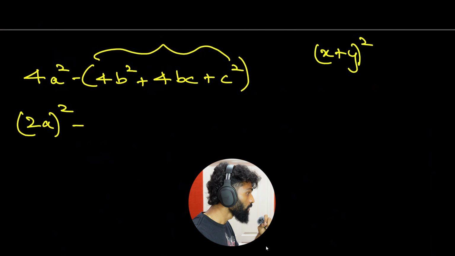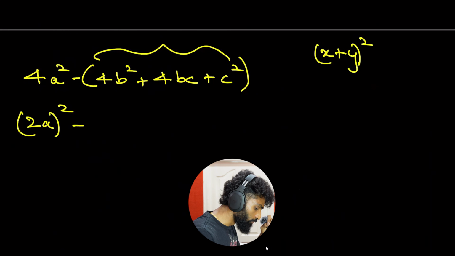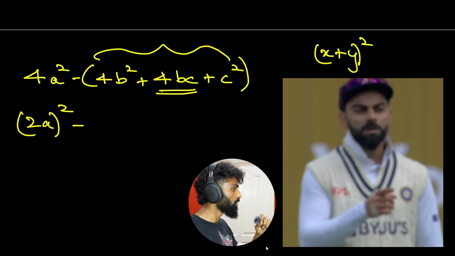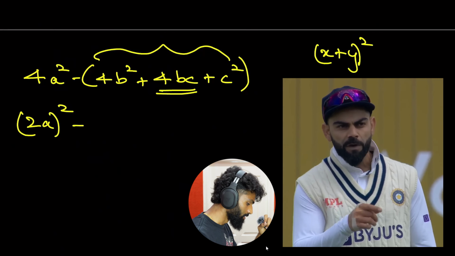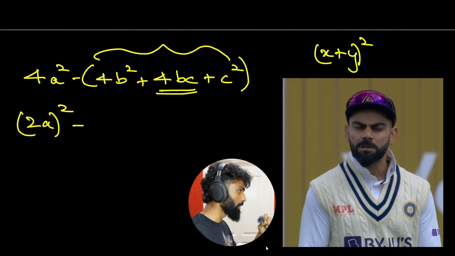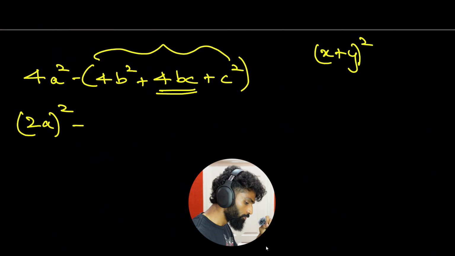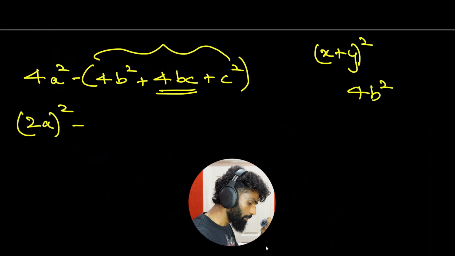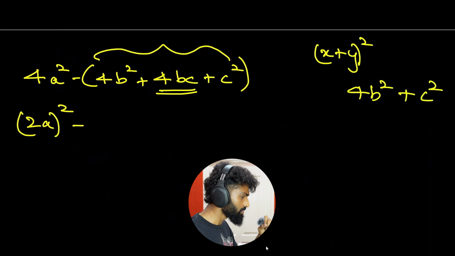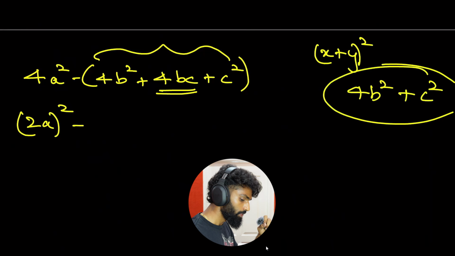Don't worry. Look at the extremes. Which means ignore the 4bc in between. Now look at the extremes. Extremes are 4b square plus c square. Look at the extremes. Now write this in terms of whole squares.